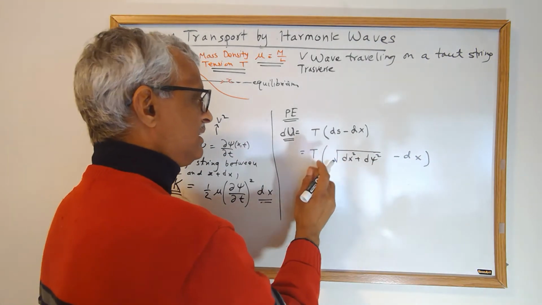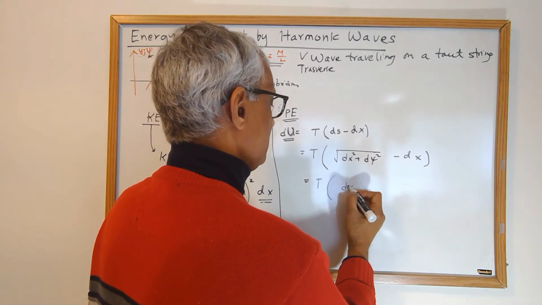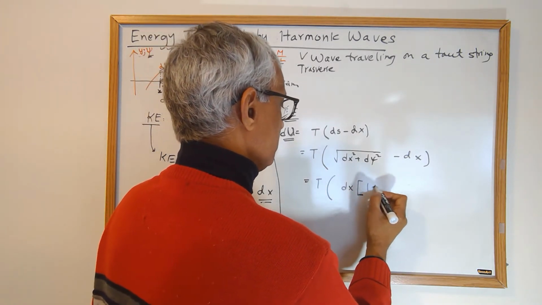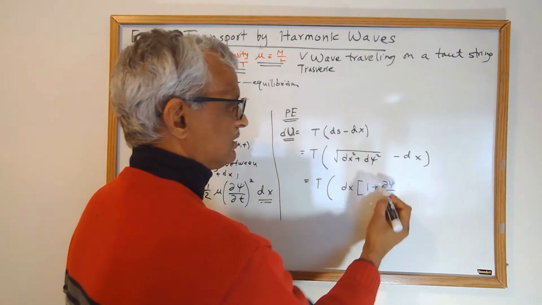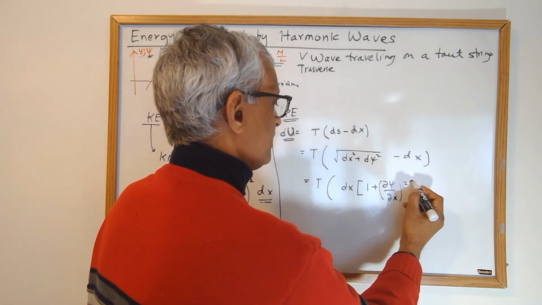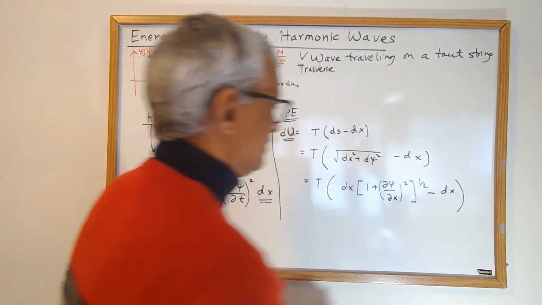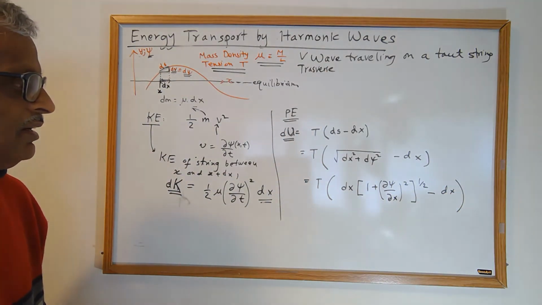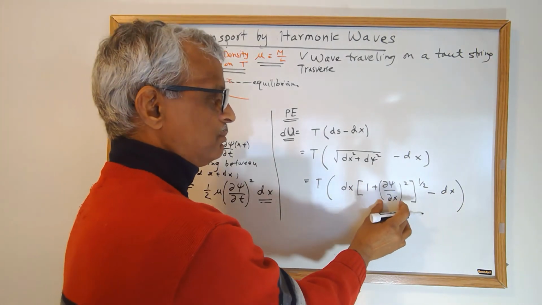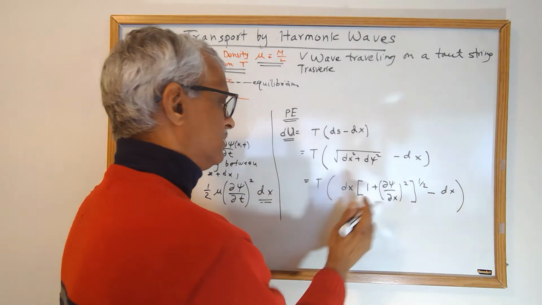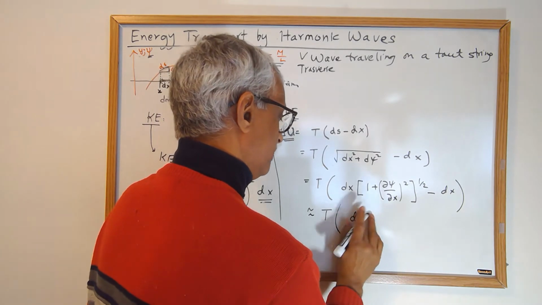If I pull the dx out, you have dx times the square root of 1 plus d psi over dx squared. Because psi is a function of two variables, I go to the partial. If this is very small compared to 1, we can make an approximation.